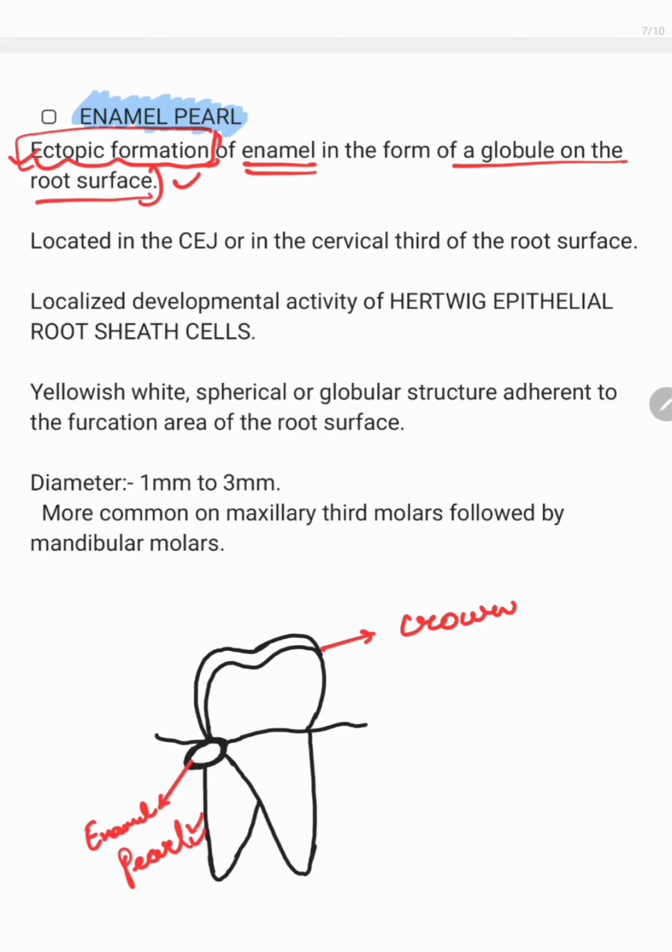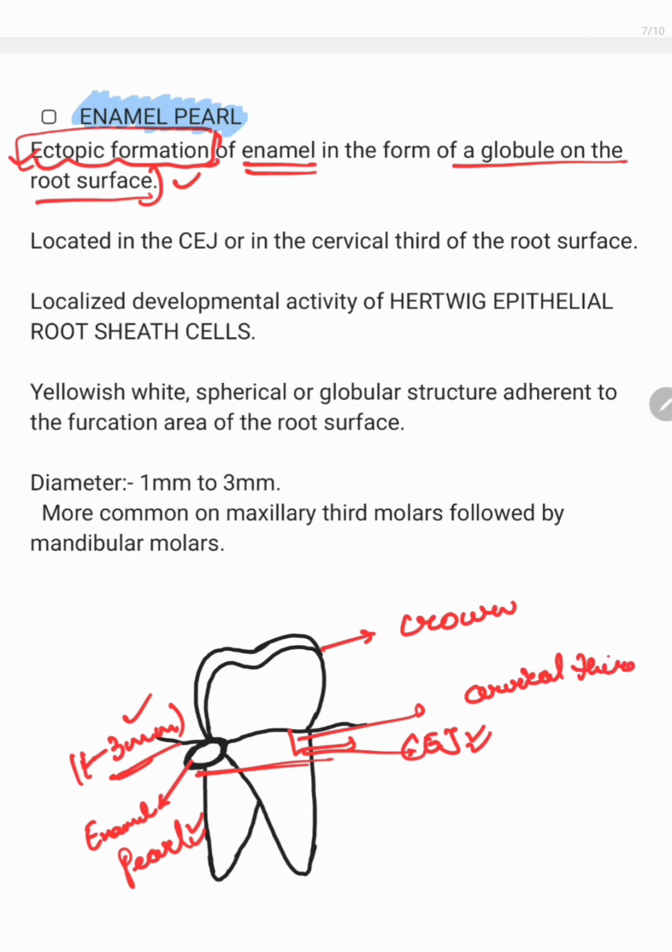It is in the form of a globule, 1 to 3 mm in diameter. It is more commonly located at the level of CEJ or in the cervical third, right. This is the cervical third part of the root surface.